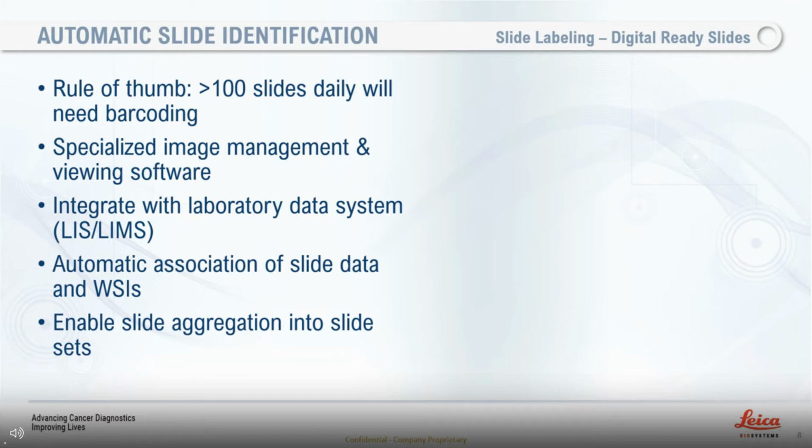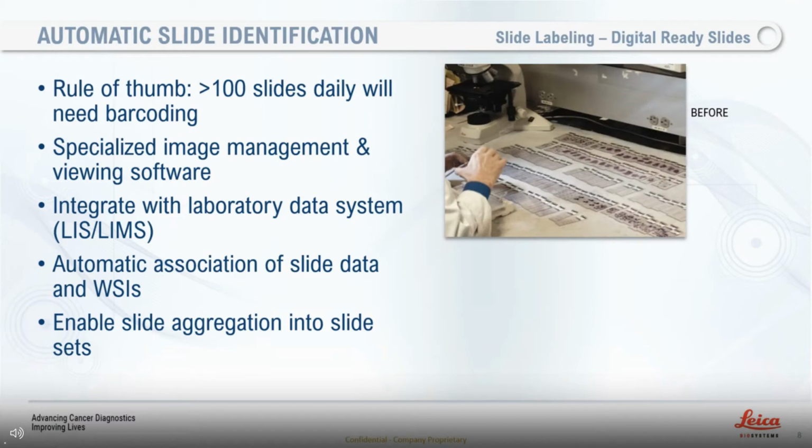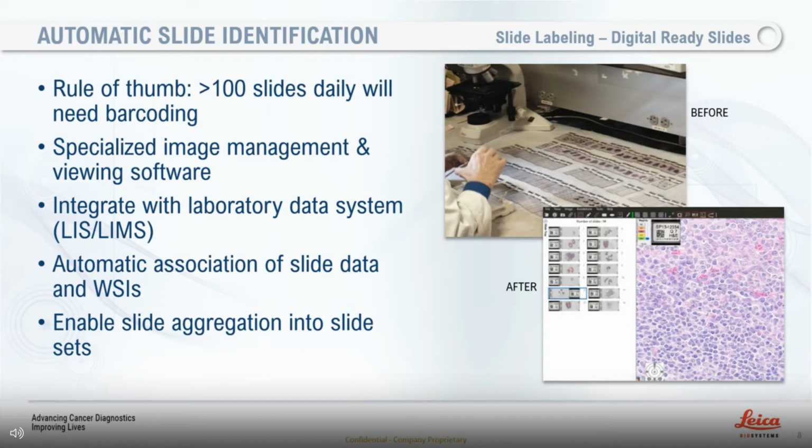And what that will allow you to do is, based on your barcodes, automate the association of your slide data and your whole slide images, and aggregate those cases or those studies together. So to move from a situation where you are manually sorting slides into the appropriate groups or cases to something that can then be truly automated.